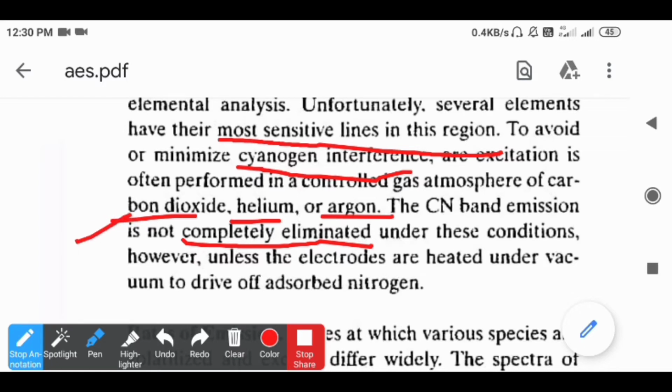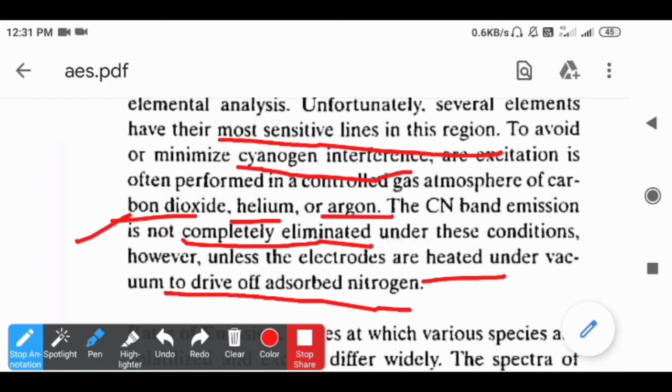So for that we can do one more step: we can heat the electrode, so as to drive off the adsorbed nitrogen gas. Nitrogen being the most abundant, it gets adsorbed on the electrode surface.